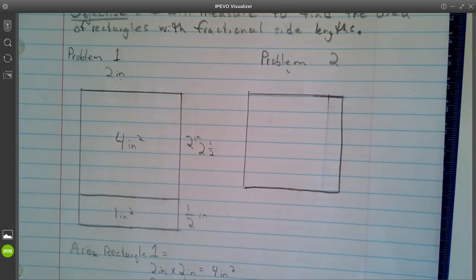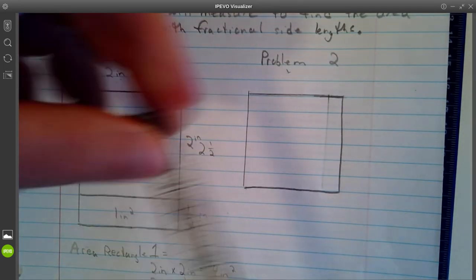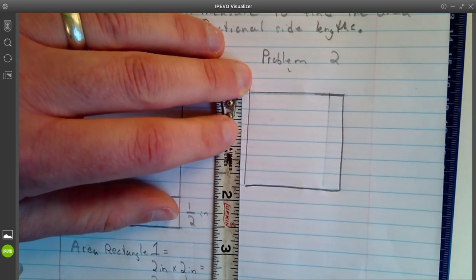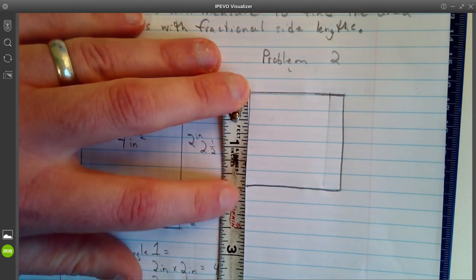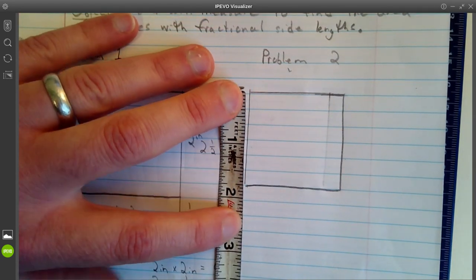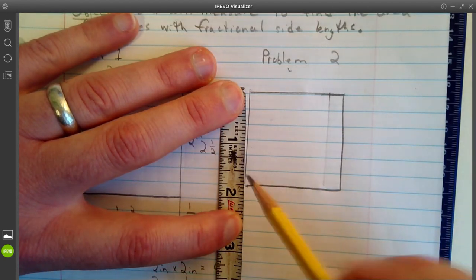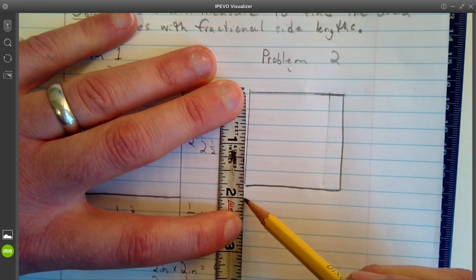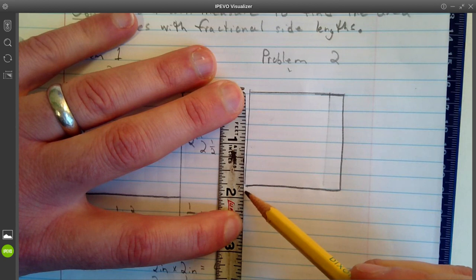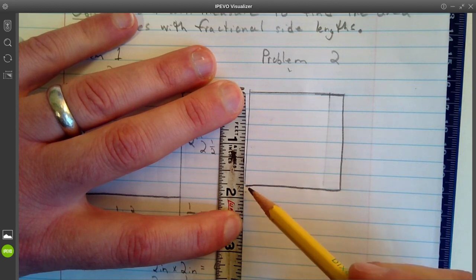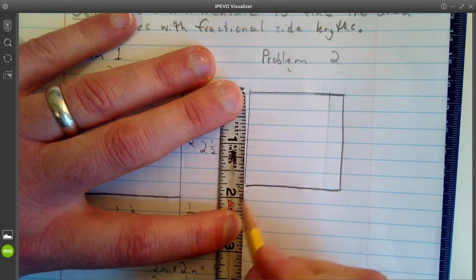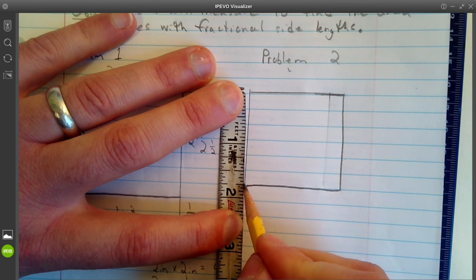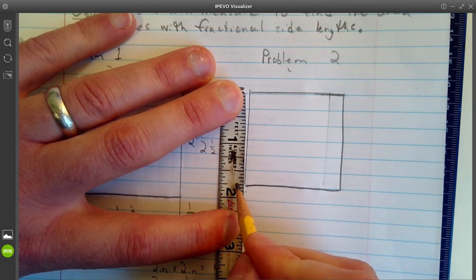And for this one, I believe it is a square, and it is. Okay, so this is a quarter, so it's 1, and it doesn't go all the way to the 2. If I look at this eighth, and I'm rounding to the nearest quarter, it's at this quarter mark, which is the 3/4 mark.